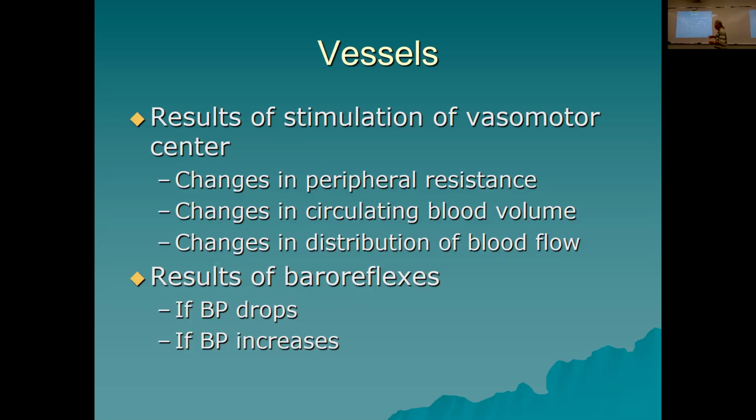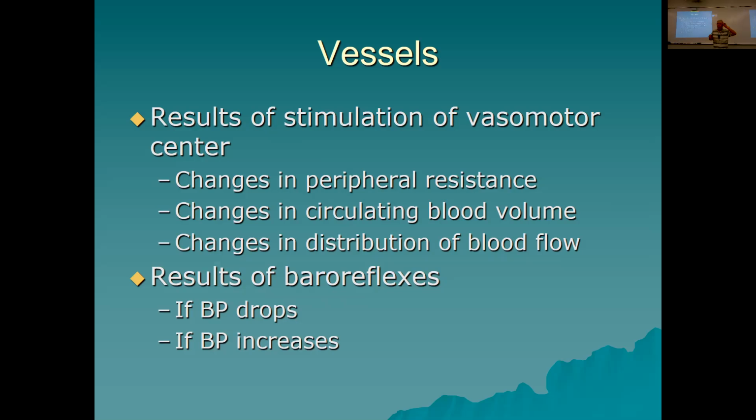Okay, so what happens if blood pressure drops? In a baroreceptor reflex, the blood pressure drops, then these stretch receptors are not as stretched as they should be. And so they tell the brain, okay, the blood pressure is dropping.